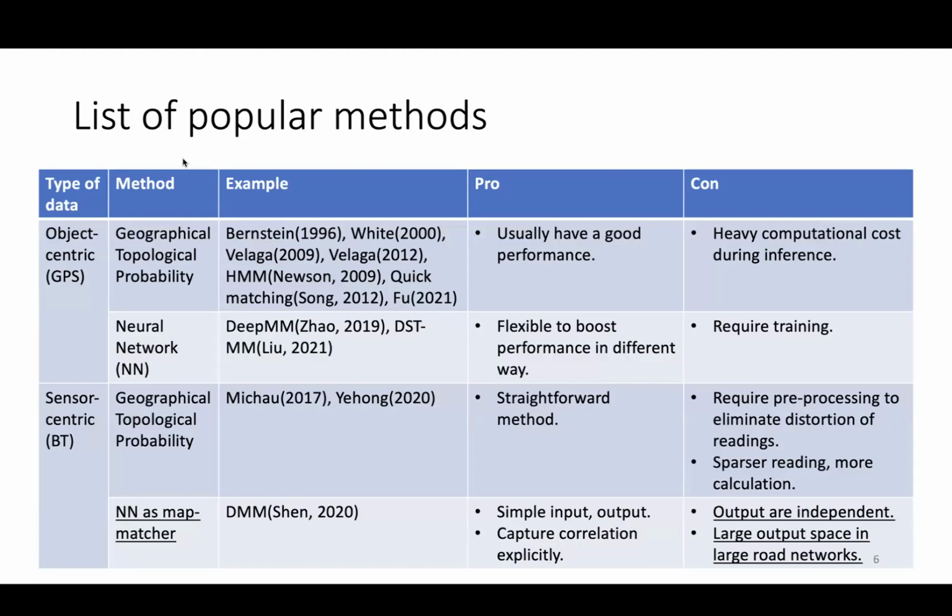Alternatively, neural network-based methods can take the reading sequence directly. But first, the neural network outputs are independent, so the connectivity of road segments in the output sequence cannot be guaranteed. Second, the output space is large on a large road network.